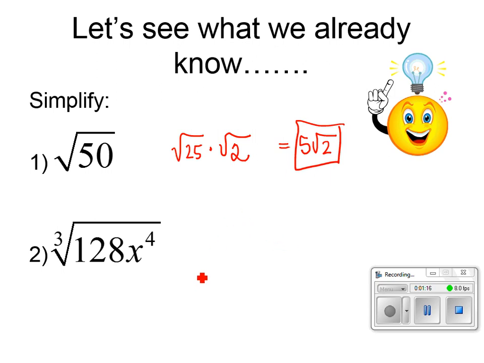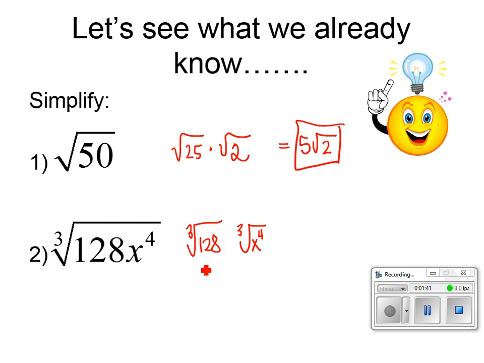Let's recall how we do this with variables. Like I told you yesterday, I would separate these because there are two parts to it. There is the cube root of 128 and there's the cube root of x to the fourth. Those are two separate things that I need to look at differently. The cube root of 128: I'm looking for a perfect cube that goes into 128.